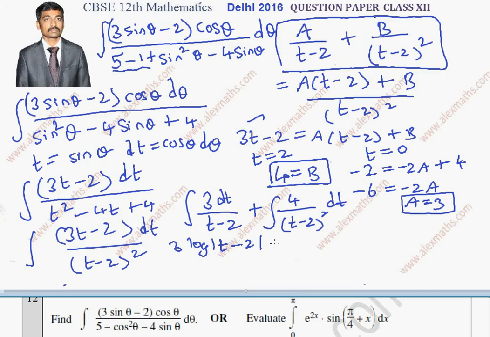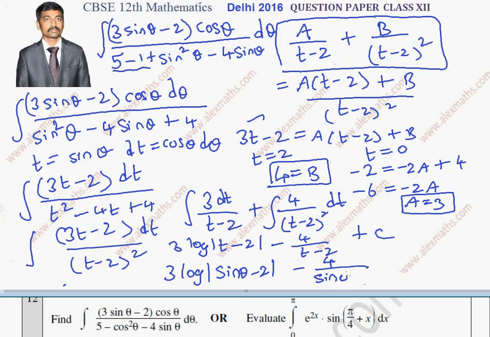This is minus 4 by t minus 2 plus c, because this is 1 by x square, integration is minus 1 by x. Now replace the value of t, which is sin theta minus 2, then minus 4 by sin theta minus 2 plus c.